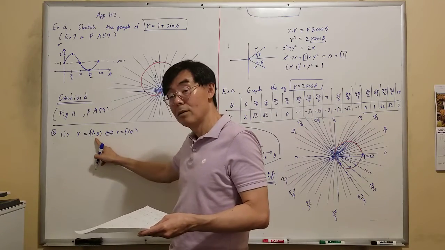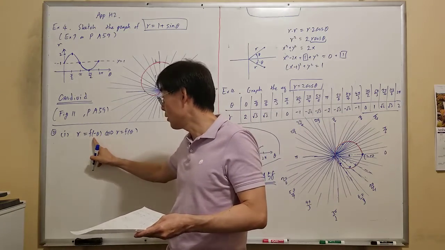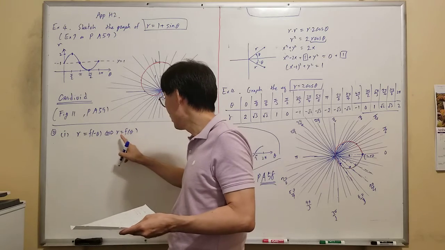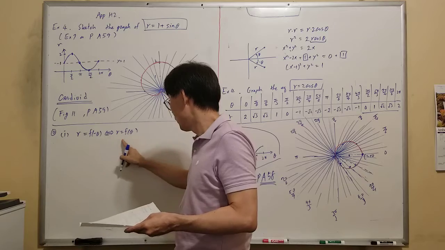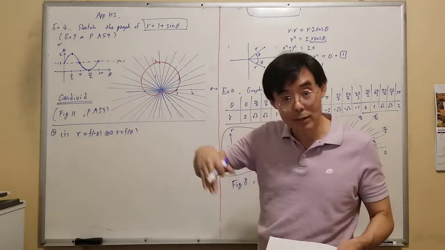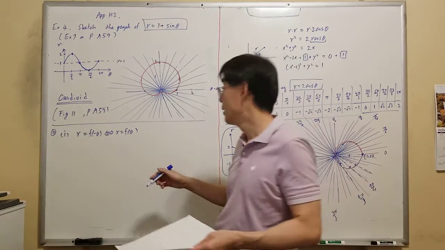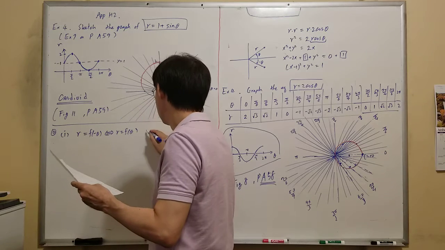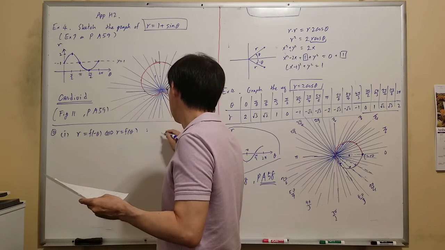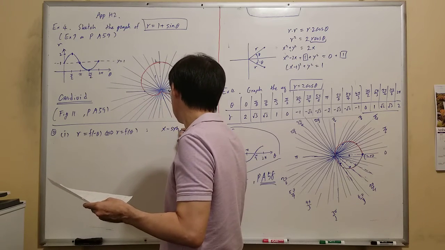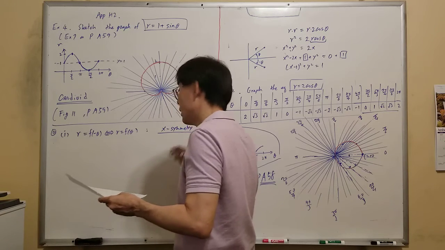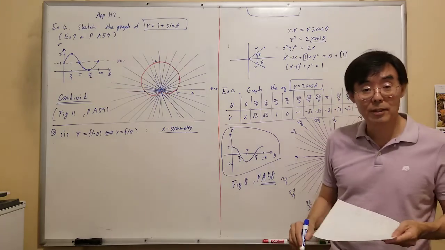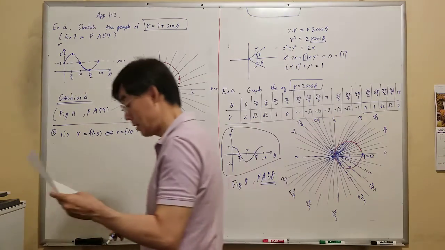The graph of this is the reflection through the x-axis of this graph. Now, as an equation, this is equivalent to this. That means after x reflection you get the same graph, which means you have symmetry with respect to the x-axis.